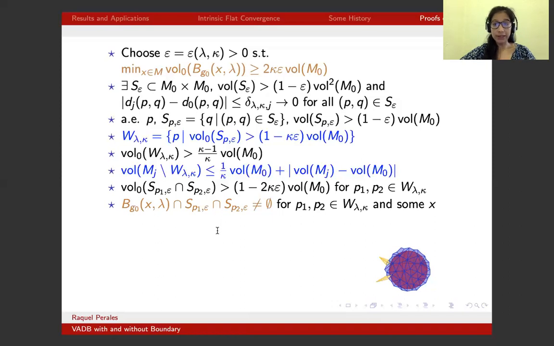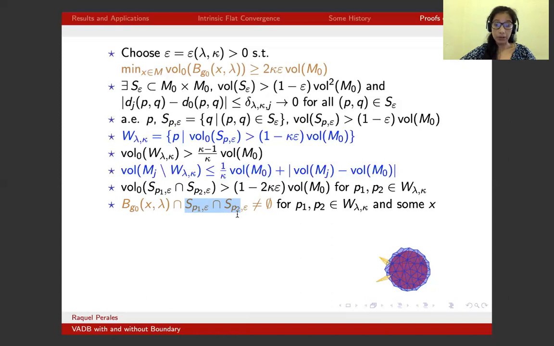The reasoning is that if there is no such x, then there will be a ball of this form of radius lambda that does not intersect sp1 epsilon intersection sp2 epsilon.